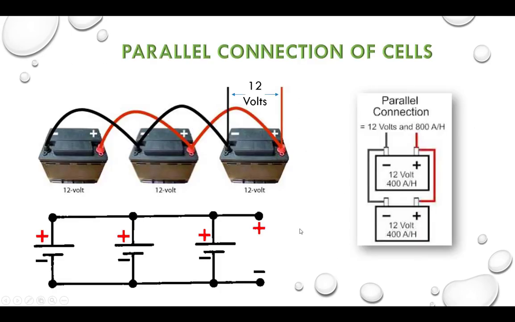Parallel connections. Here I'm showing you hook negative to negative and positive to positive, and schematically it would look like this. And your amp hours are additive in a case like this.